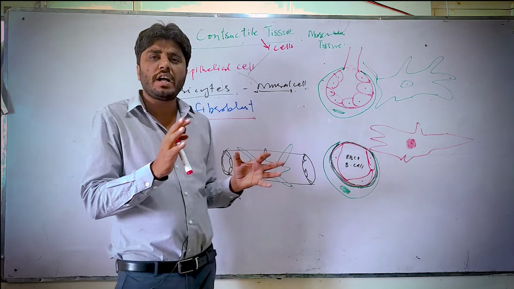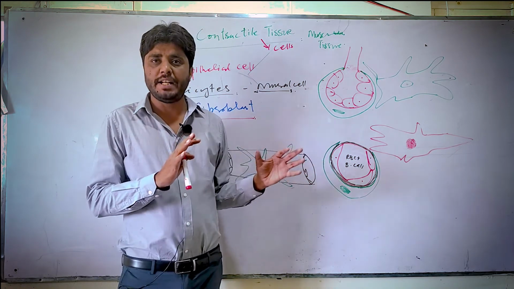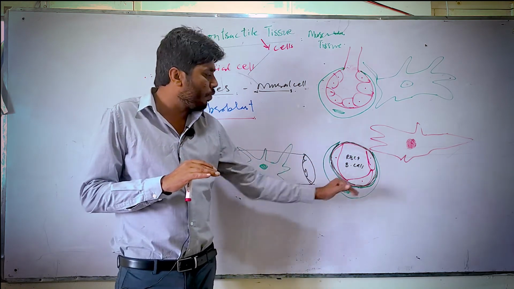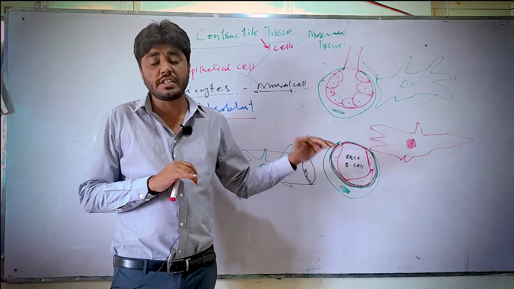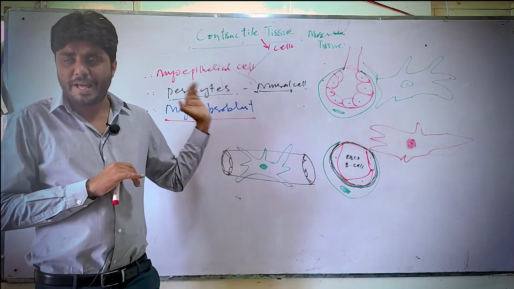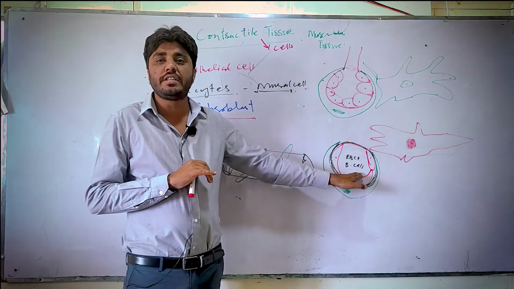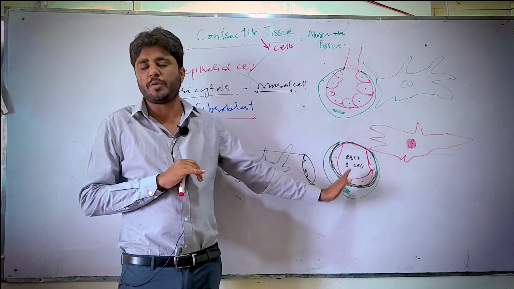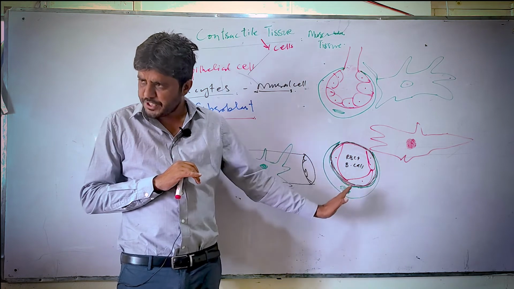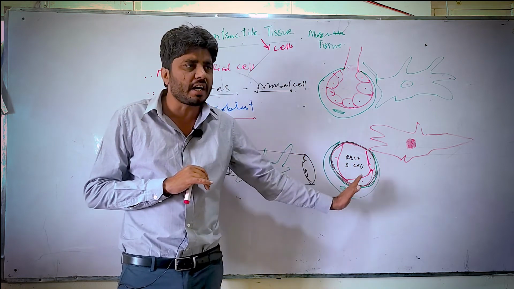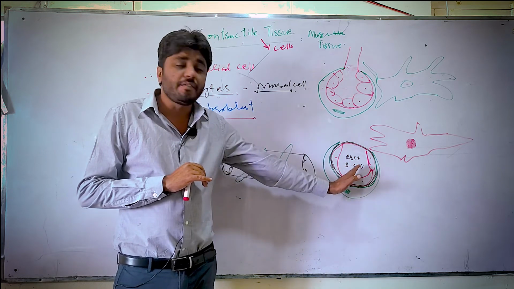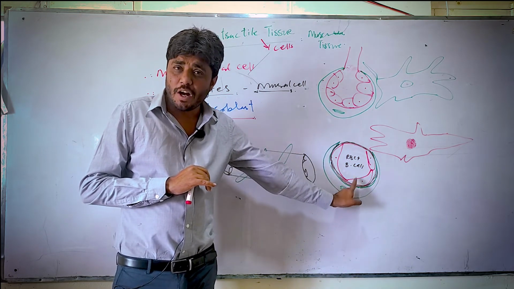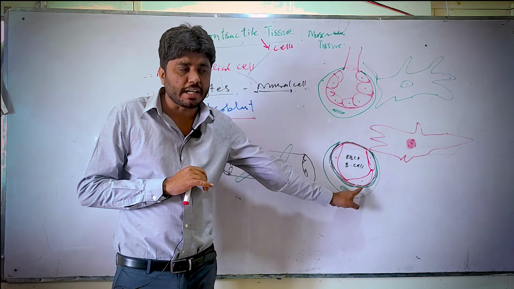People believe that in capillaries they are involved in the regulation of endothelial cells. This is also a function of pericytes, because they communicate with each other; they have gap junctions and many other attachments. So they are involved in regulation of the endothelial cells of the capillaries.